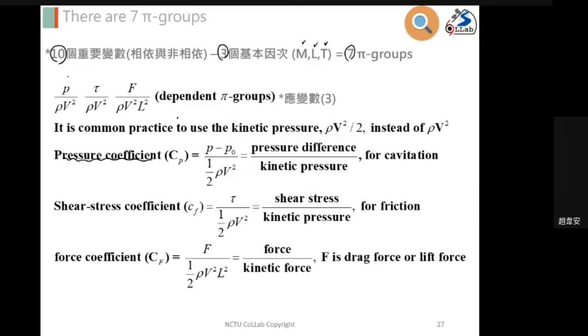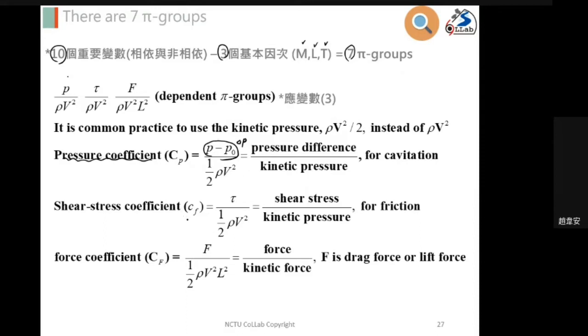You can see the pressure coefficient is defined by the pressure difference divided by the kinetic pressure. And this is very useful for cavitation analysis.